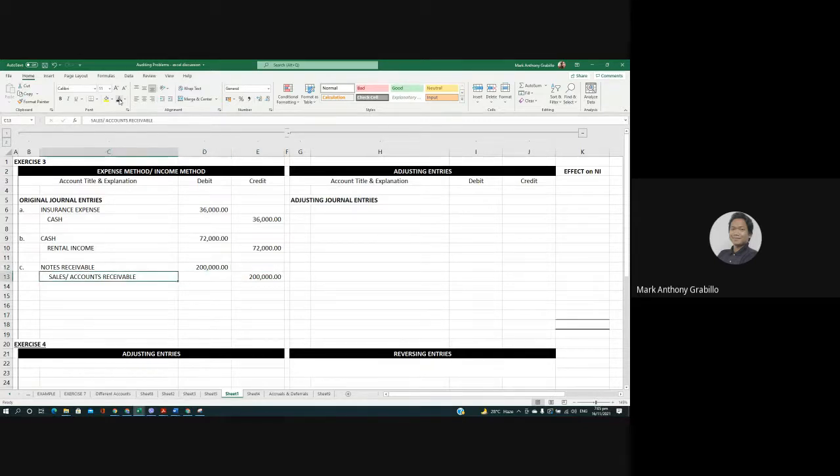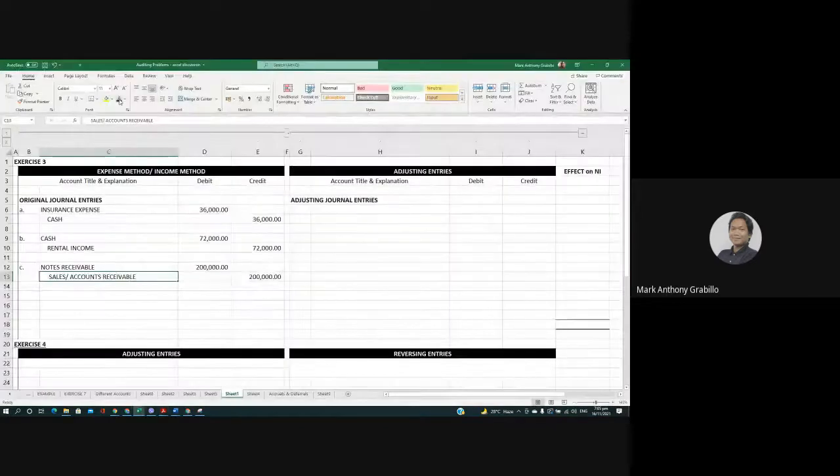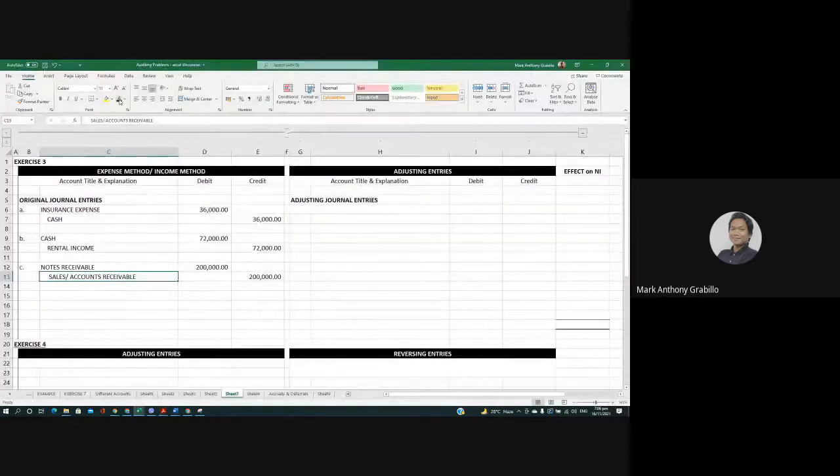So, pero mas prefer ko yung sales. If the problem is silent, ang credit entry nyo is lagi sales. Nakuha po ba, class? Kapag walang sinabi, received from a customer for a payment of accounts receivable or for a payment of an open account, doon yung magiging sagot nyo is accounts receivable.